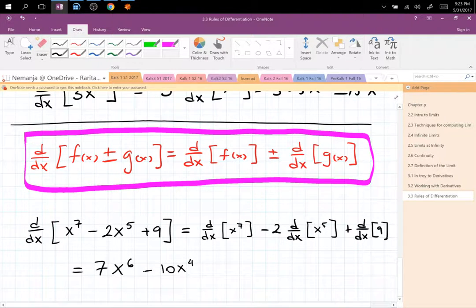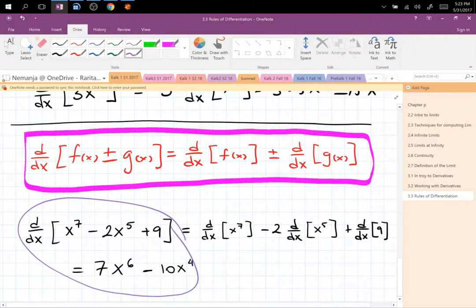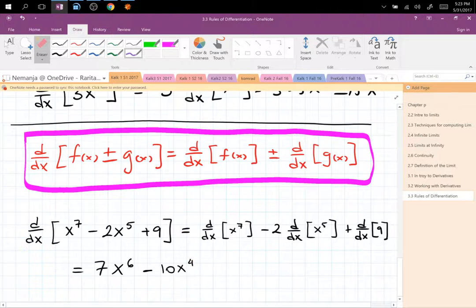Now you will, in a week, go directly there without the intermediate stuff. This is just helping your understanding, but there's no way you will do the derivatives by breaking apart and writing every step out, because you really don't have to. You will just go and say, oh, it's 7x to the 6 minus 10x to the 4, and you're done.